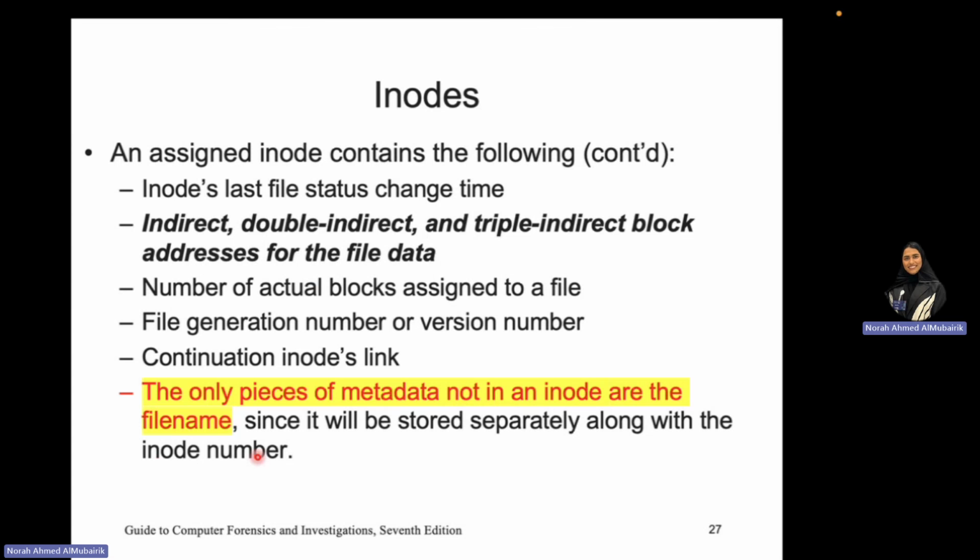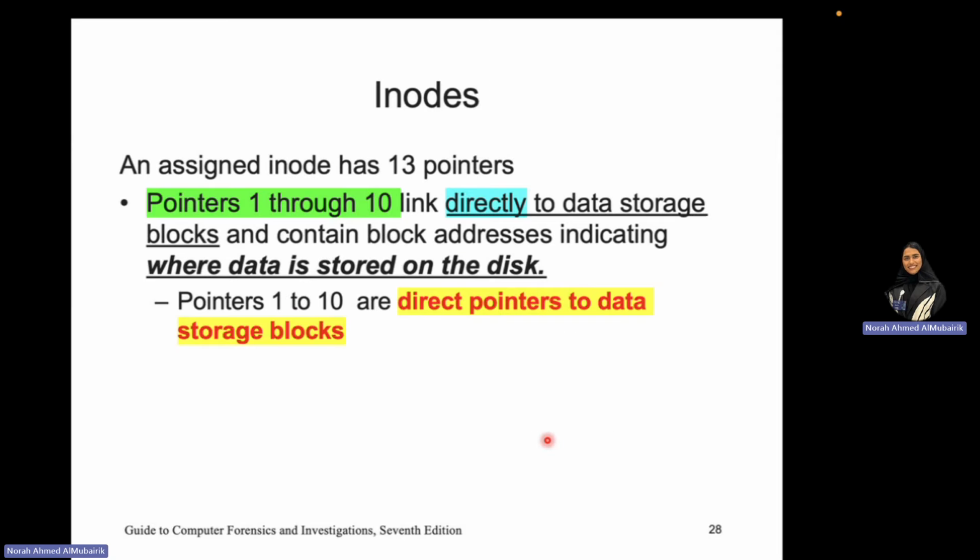So next to the inode number is the file name, and the inode number plus the file name contains what? All the metadata. The inode does not store the actual data, as I mentioned.